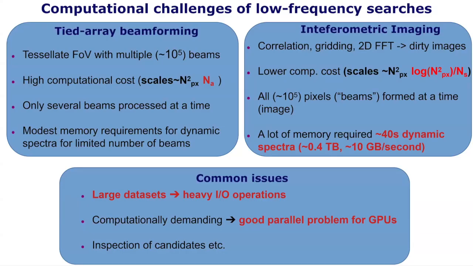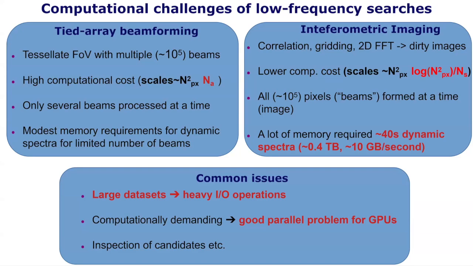Interferometric imaging requires correlation, gridding, and a 2D FFT, but the scaling is the number of pixels multiplied by the logarithm of the number of pixels, divided by how much you downsample the data. Depending on how these factors compare, imaging can be a couple of orders of magnitude faster than beamforming. So that's what we wanted to do.